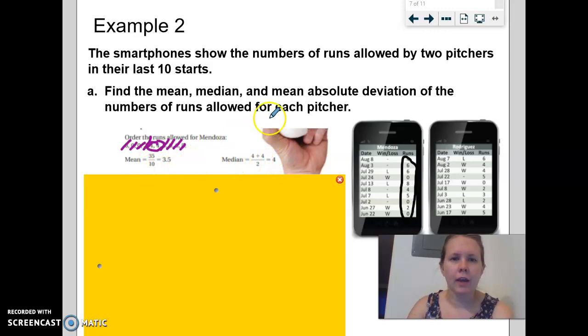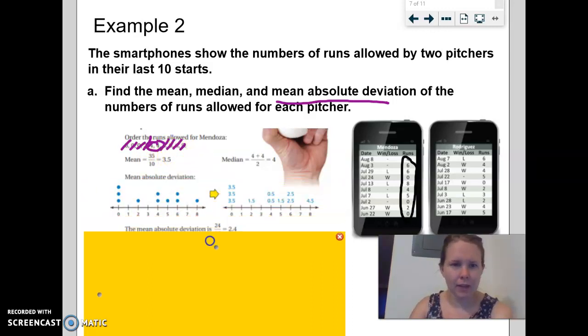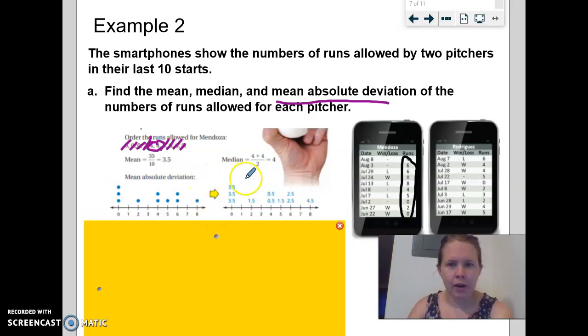When we're moving into finding your MAD, or your mean absolute deviation, you already did step 1 here, because step 1 is to find your mean. We have the mean. It's 3.5. From there, they like to set up a number line, but I'd suggest just going through and saying, okay, from 0 to 3.5, that's 3.5.